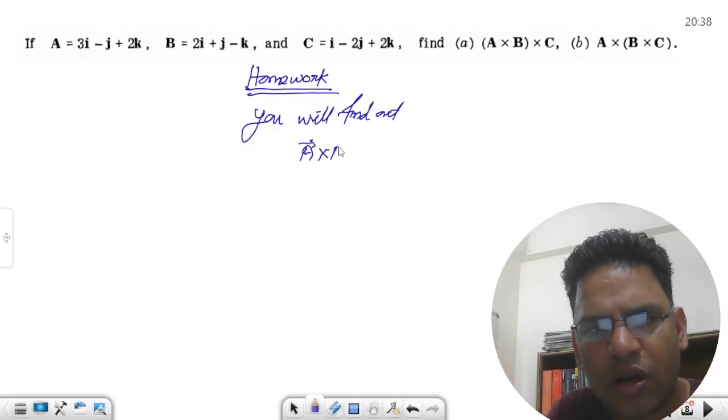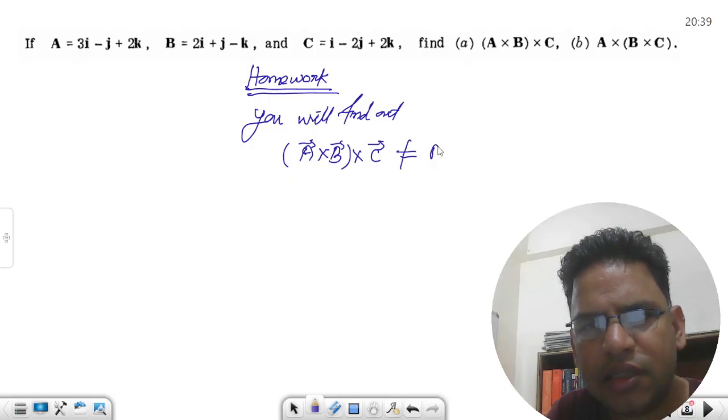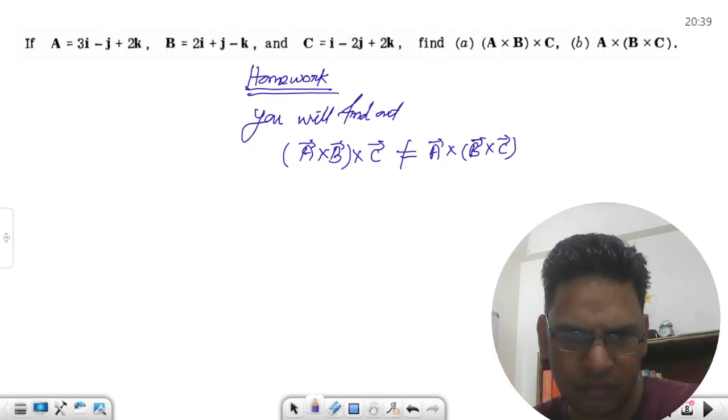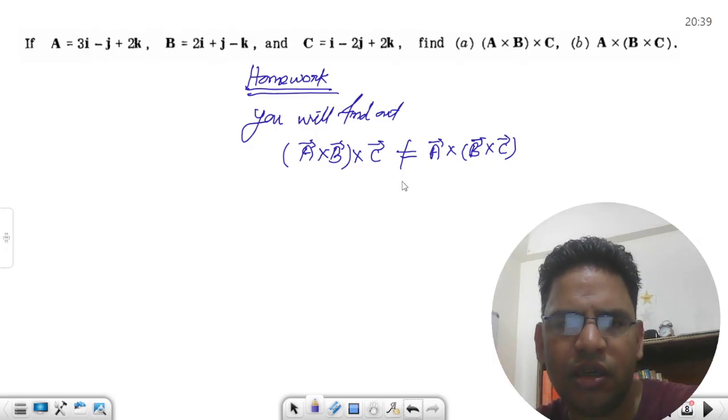A cross b, cross c vector is not the same as a cross b cross c vector. So it is important to use the parentheses.